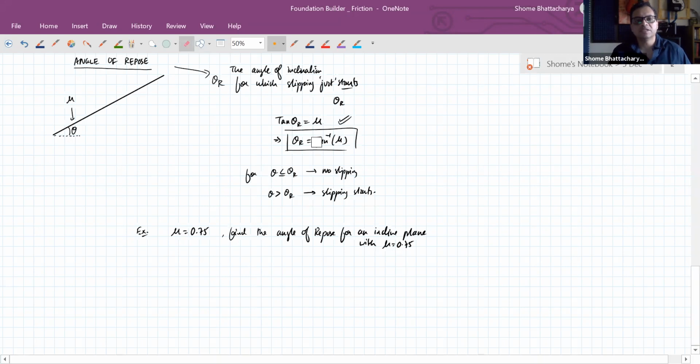So gradually increasing the angle of inclination, at the angle of repose the slipping of the object will just about start. Is it clear? Now just tell me what should be the angle of repose here. All you have to do is substitute in that value.